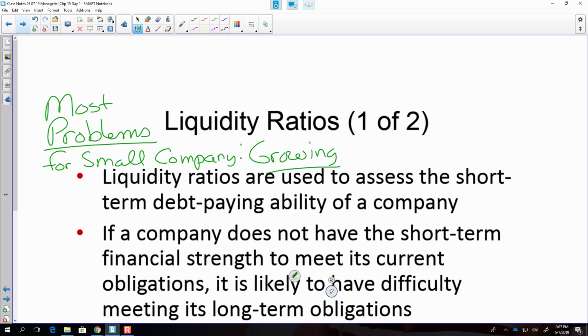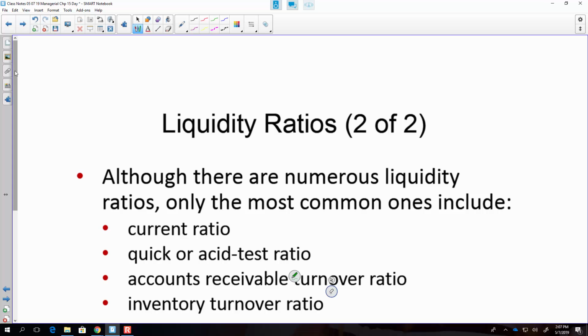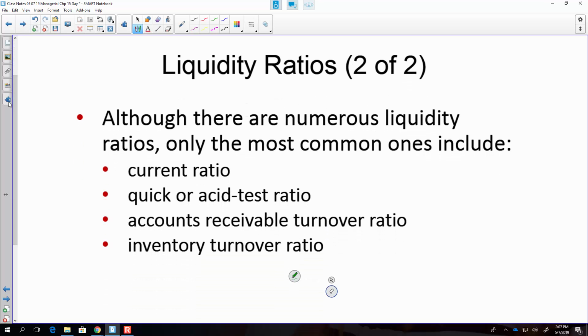Some companies feel that cash liquidity is something that has to be monitored daily. So this is taken very seriously. The liquidity ratios here are the four main ones, really. The current ratio, the quick or acid test ratio, which is very similar to current, and our turnovers, both in sales on account and purchases on account, are contained in the last two ratios.